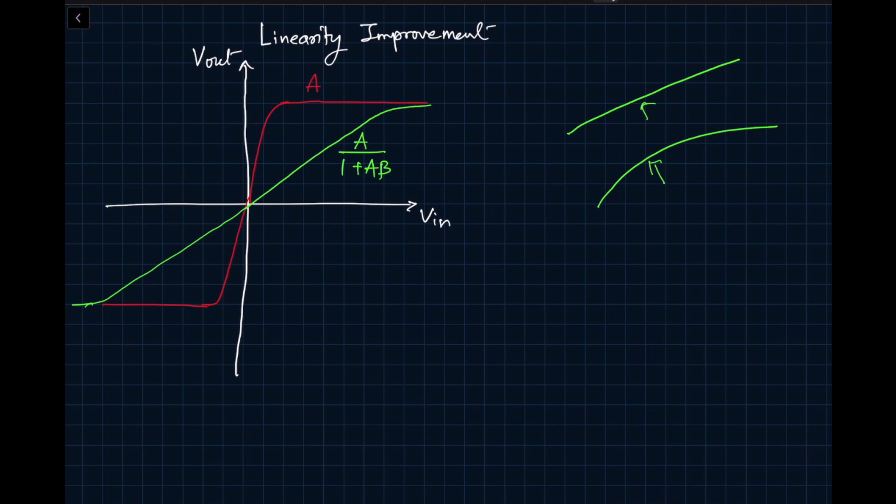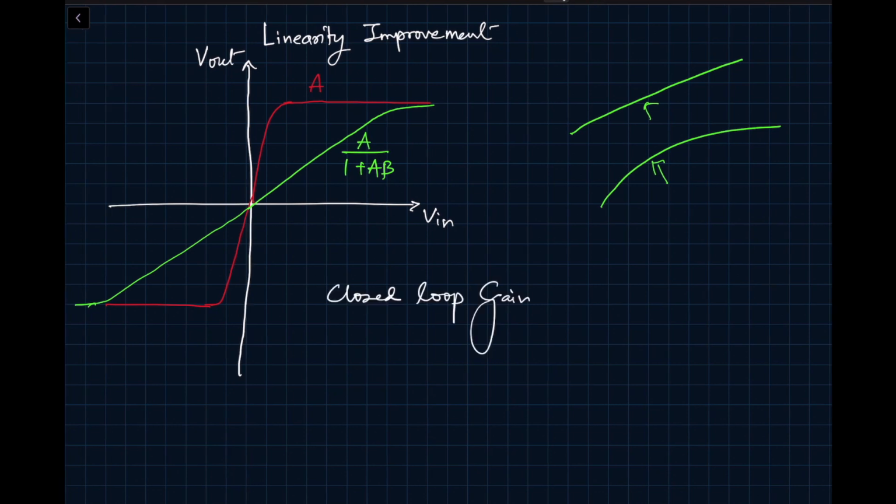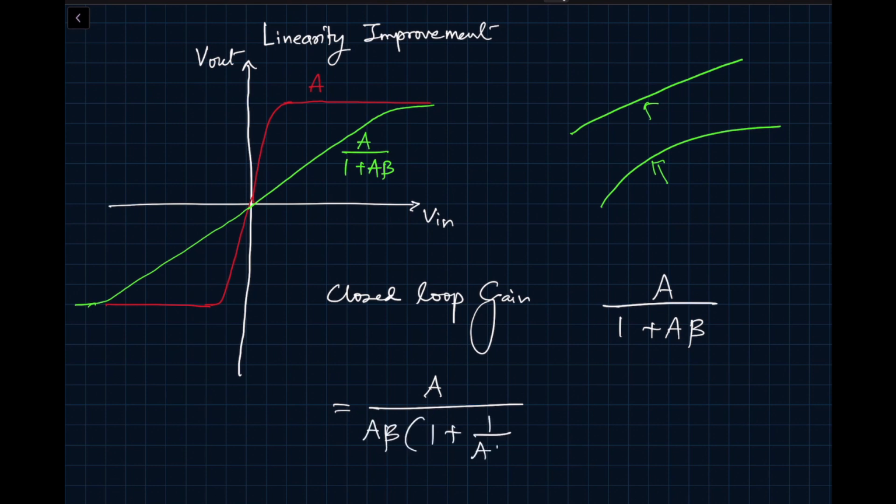So when we talk about closed loop gain, we get A divided by 1 plus A beta, and we can rewrite that as A divided by A beta times 1 plus 1 divided by A beta, and then we can say that this is equal to 1 divided by beta times 1 plus 1 divided by A beta.